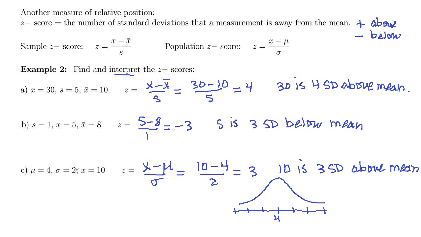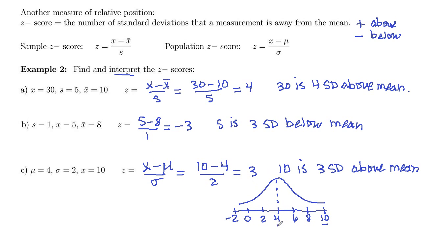Our standard deviation is 2, so this will be 6, 8, 10, and then subtracting 2: 0, negative 2. So our mean is 4, and this value 10 is 1, 2, 3 standard deviations above the mean. So that's a picture of what the z-score of 3 is saying.